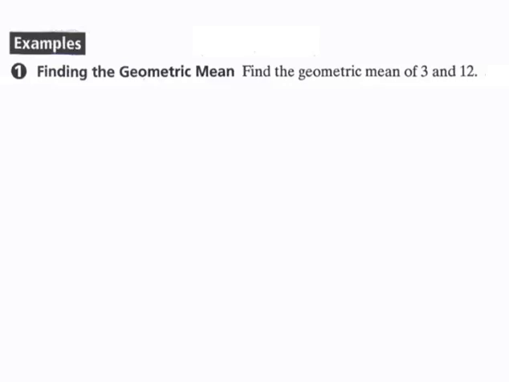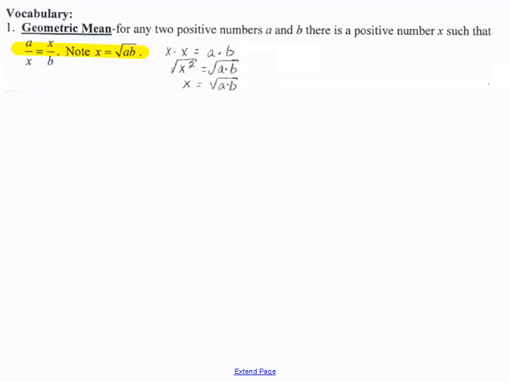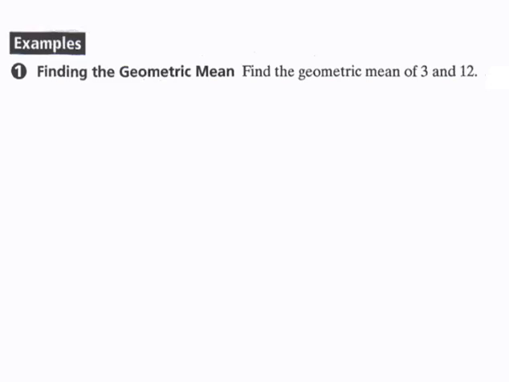First of all, we're going to define the geometric mean of 3 and 12. Well, if you look back up to this right here, we're going to be using something like this. We're going to use x, and we're going to use a and b, 3 and 12. So the geometric mean of 3 and 12, my x always goes here and here. Just like we have in the proportions that I set up.